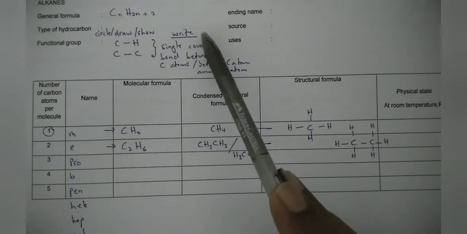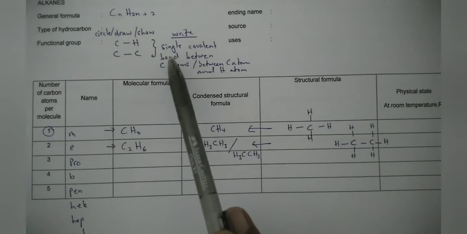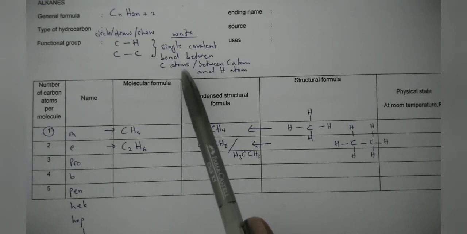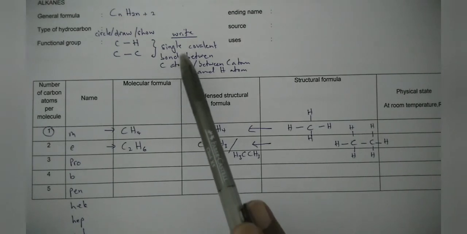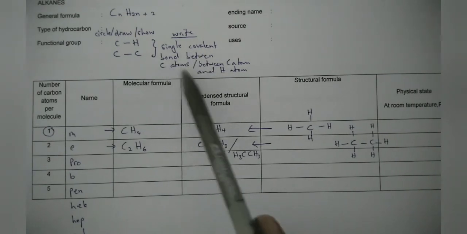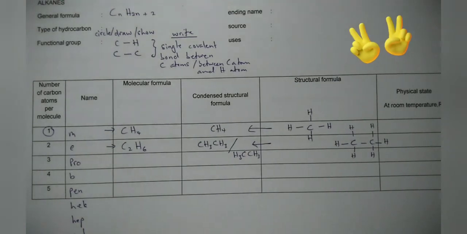Or when asked to write the functional group for the homologous series of alkane, you can write single covalent bond between carbon atoms or single covalent bond between carbon atom and hydrogen atom. That's all.